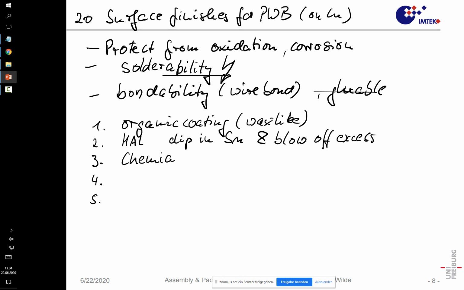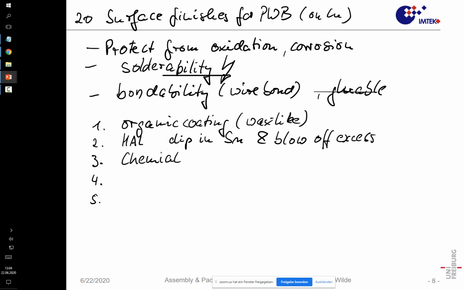The process of etching, maybe? Sorry? The process of etching, where you... No, you do not etch. It's the contrary. You put it in a special solution of tin, and the tin is deposited. You can imagine it like electroplating without external electrode.